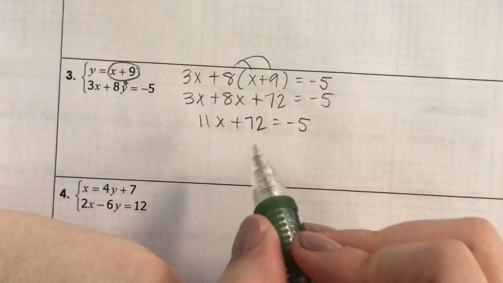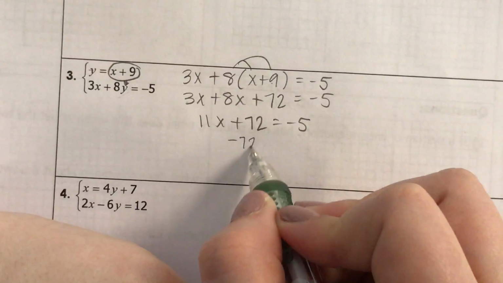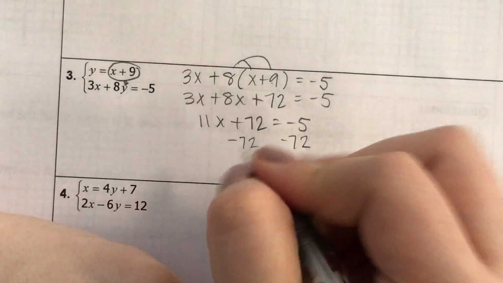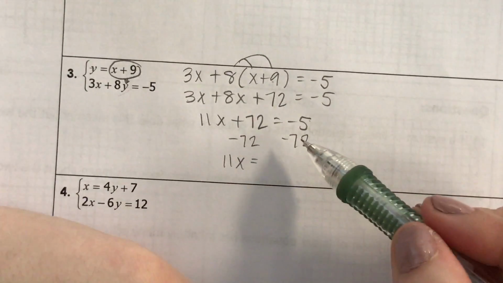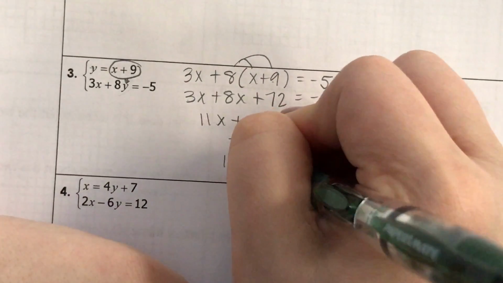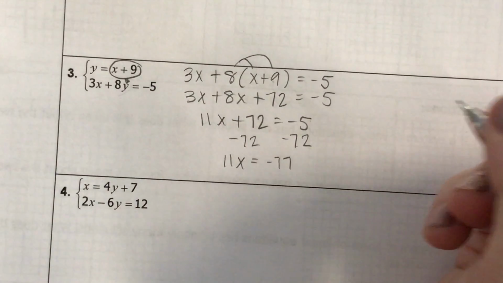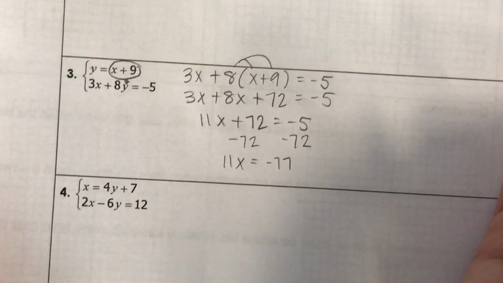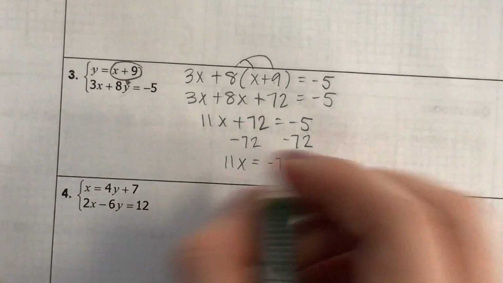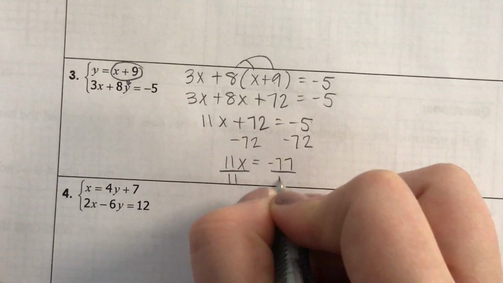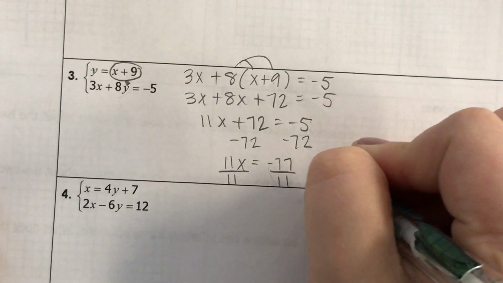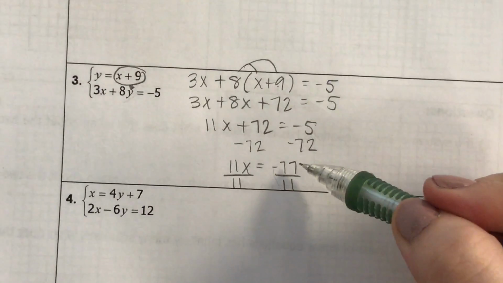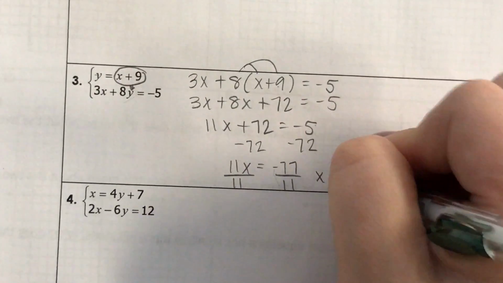Okay, I'm going to subtract 72. 11x equals negative 5 minus 72 is negative 77. You will not need a calculator for this, okay? You won't need one. Then I'm going to divide by 11. X equals, so negative divided by a positive is a negative. 77 divided by 11 is 7.